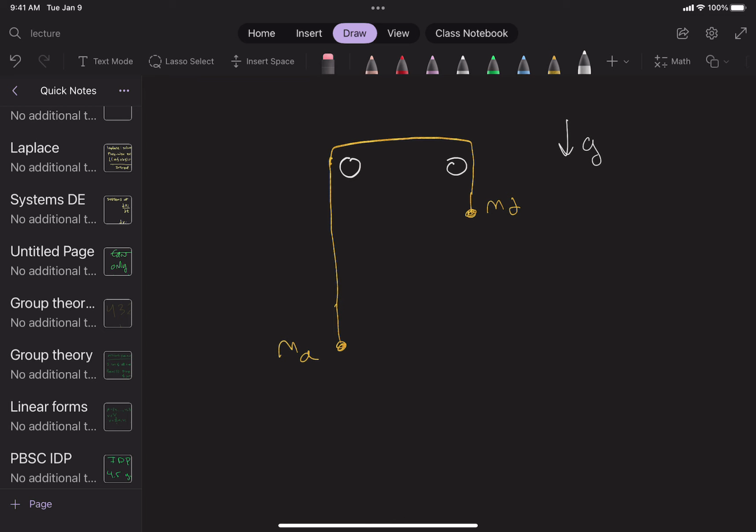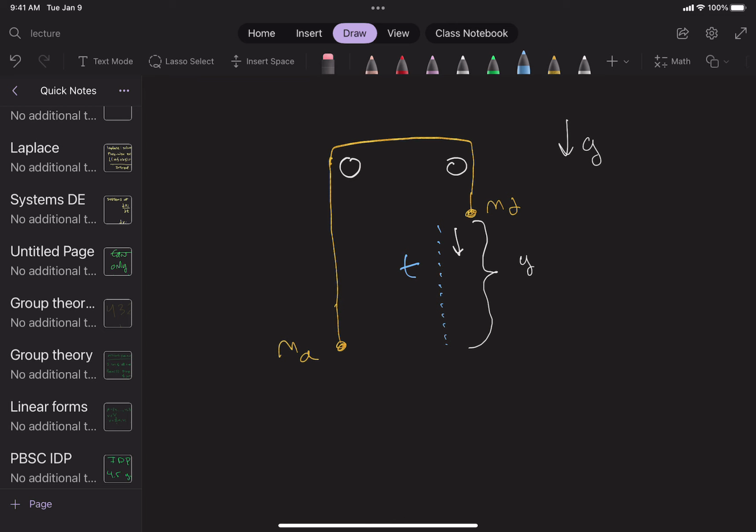You're going to measure the distance that the descending mass drops. Since it's moving vertically, I'm going to call that y. You're also going to measure the time it takes for this object to drop.